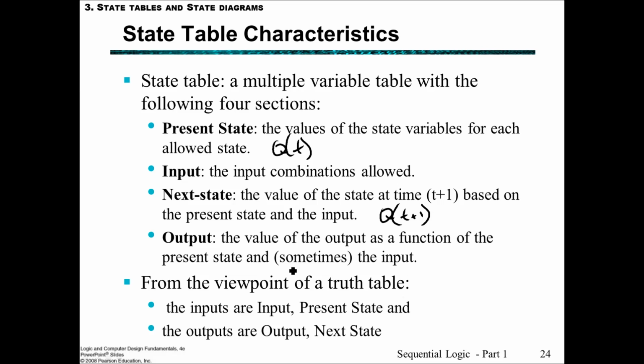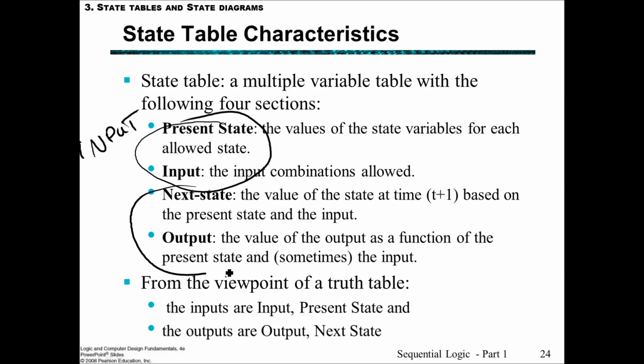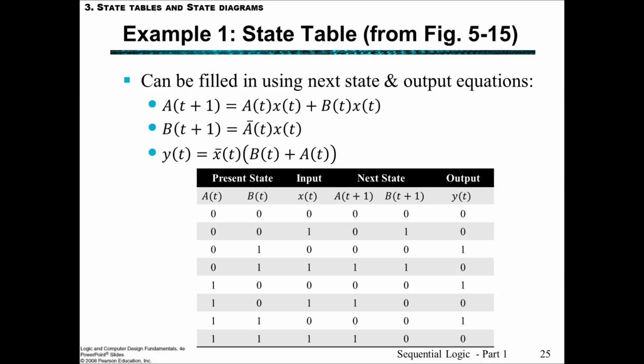for the output. If we were to think of the state table in the same way as a truth table, then we have the inputs being the present state and input, and the outputs being the next state and the output. Here's an example state table, and it can be filled in using the next state and the output equations.